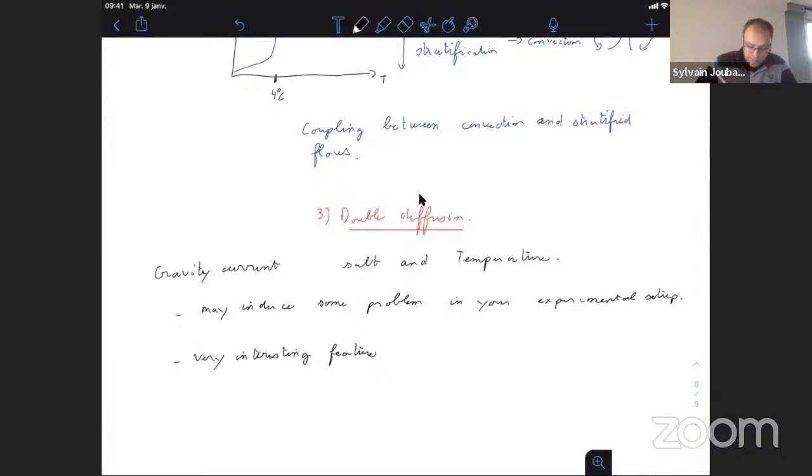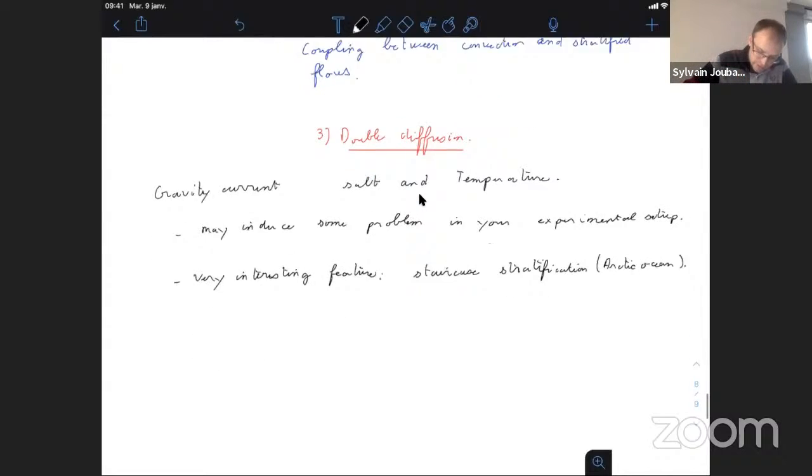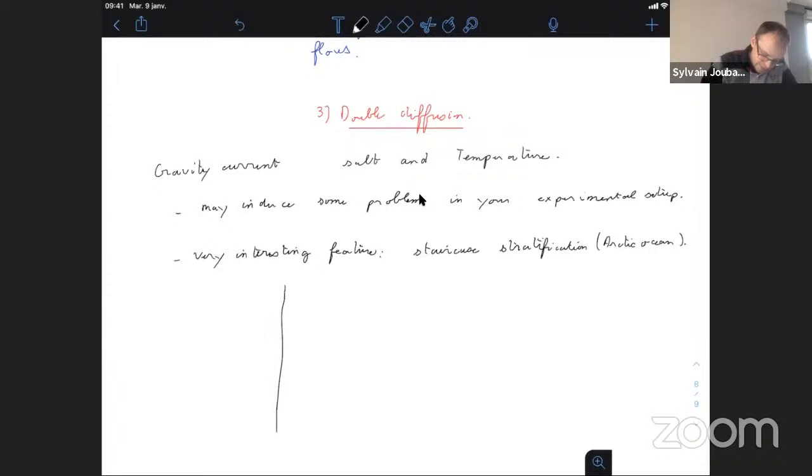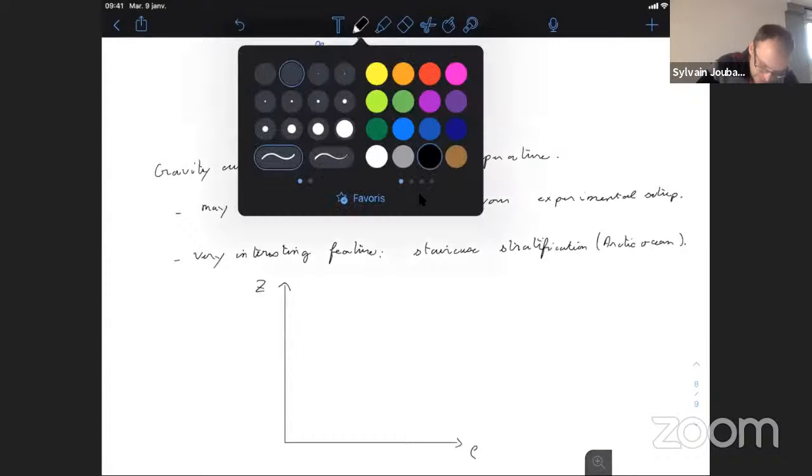One of them is the staircase stratification, something you can see in the Arctic Ocean. For staircase stratification, I will just draw a line to explain what it means. So you have the altitude Z, you have rho, the density, and you have a system that is going this way.